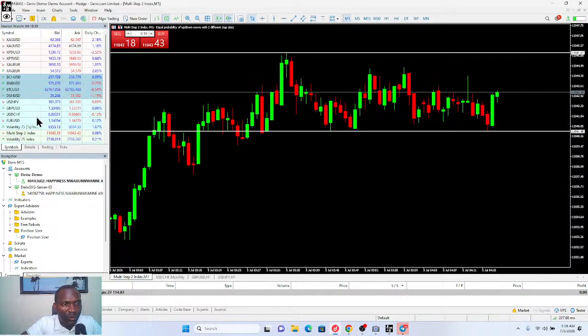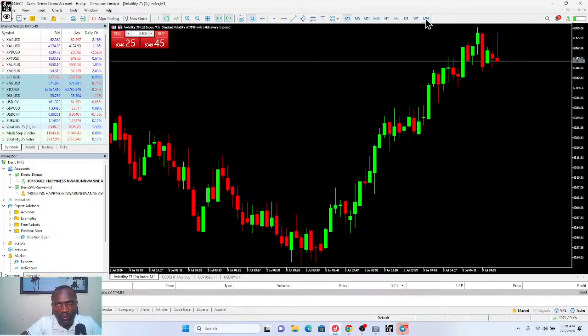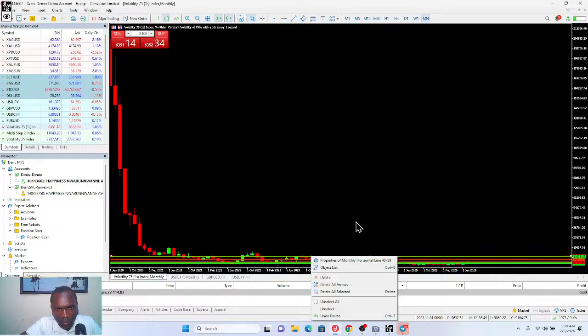to Volatility 75 1S. Now this Volatility 75 1S, I will not do much about this. Okay, I will get rid of all the lines so that we start the analysis afresh.